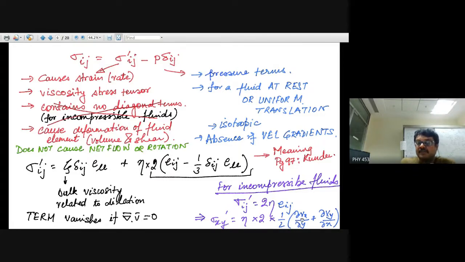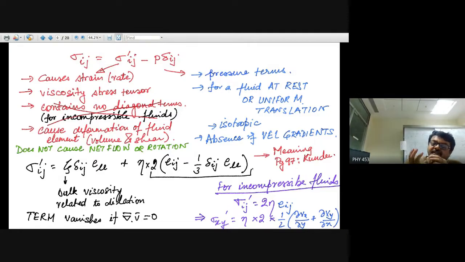Because you will have del vx del x plus del vx del x, so there will be a factor of 2 coming from e_ij, and that will cancel out this half. So if you're writing in terms of e_ij with a repeated index, it's del vx del x, del vy del y, del vz del z. So that's like divergence of v.